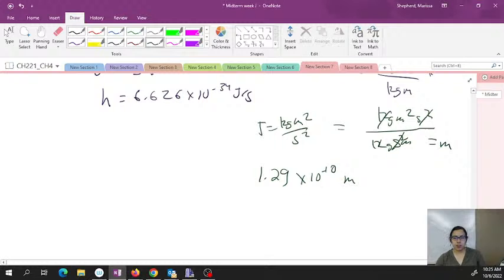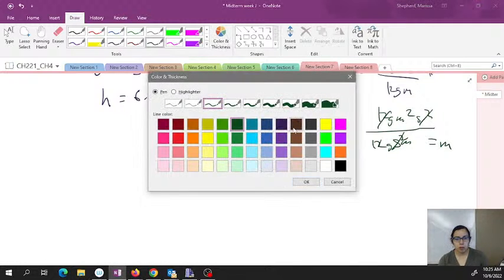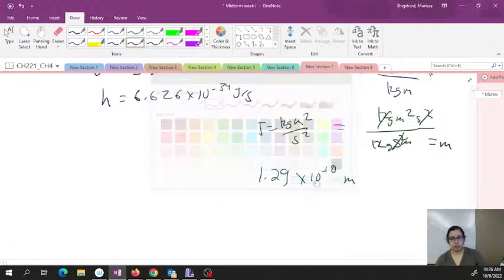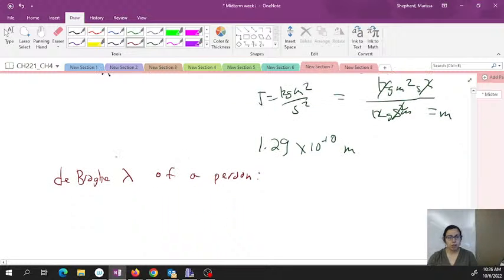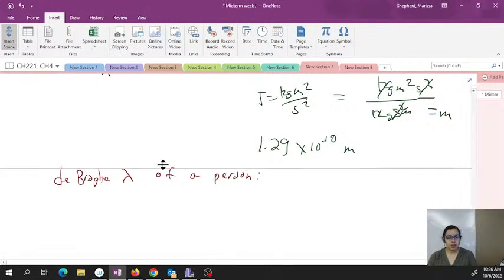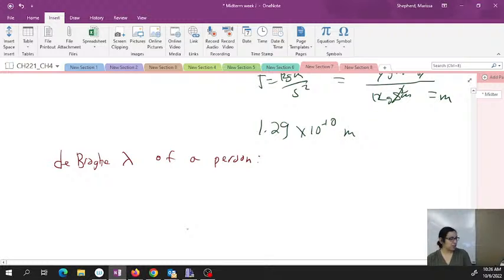Now let's look at what your de Broglie wavelength would be. Anyone know what a person weighs in kilograms roughly? It's about 60-ish kilograms.